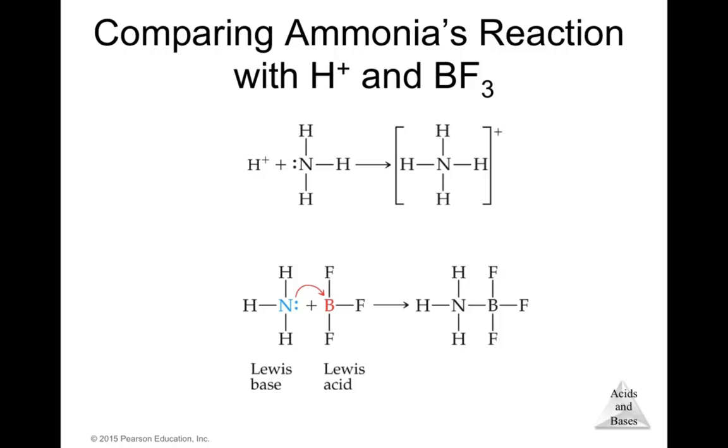Lewis established that the species donating the electrons is the Lewis base, and the species receiving those electrons is the Lewis acid. So in the Lewis perspective, we look at what happens with the electrons: the species that donates the electrons is called the Lewis base, and the species that receives the electrons is called the Lewis acid.